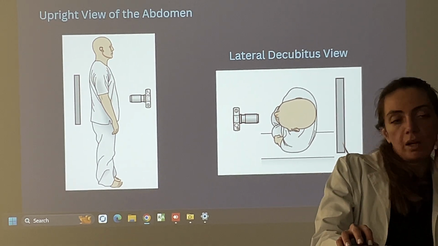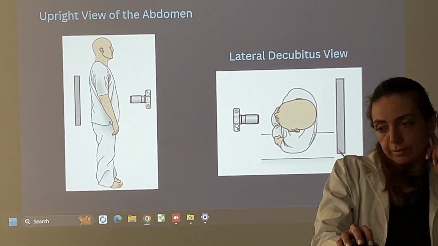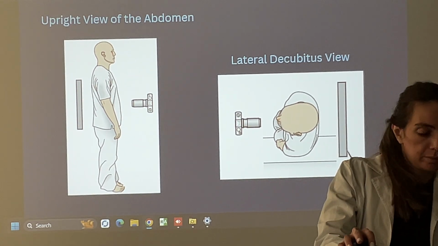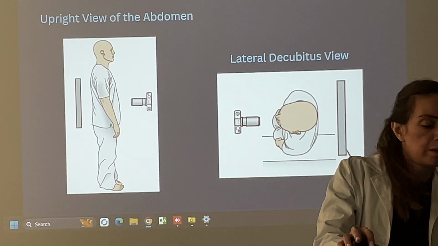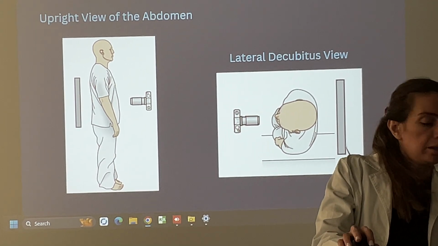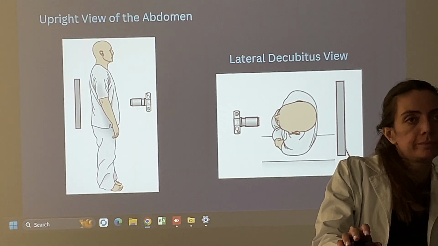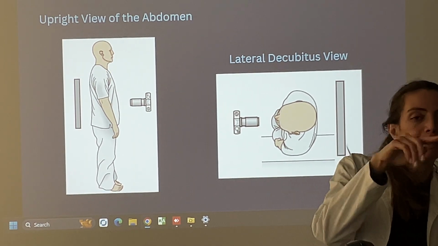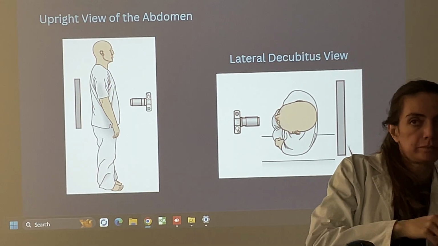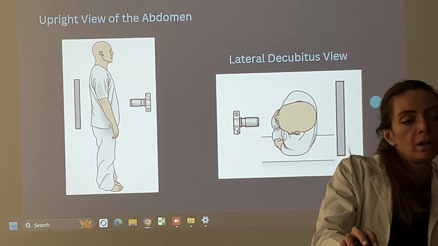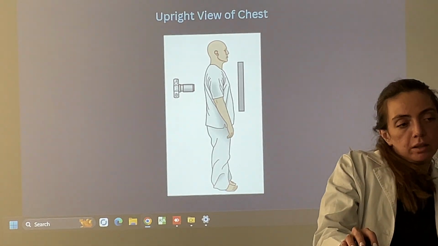No. Why? Because it will overlap with the air or gas in the bowels. While in the upright position, the air will go up and it will be visible between the liver and the diaphragm.